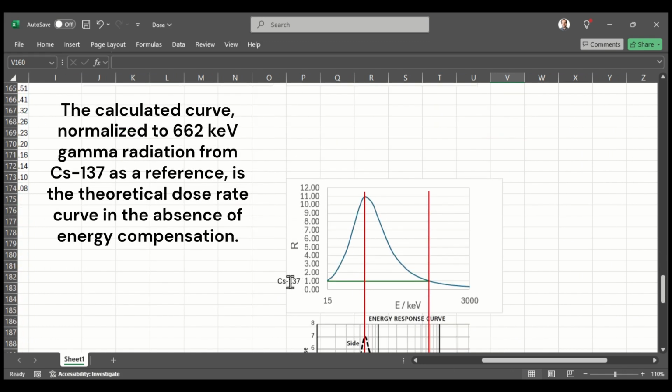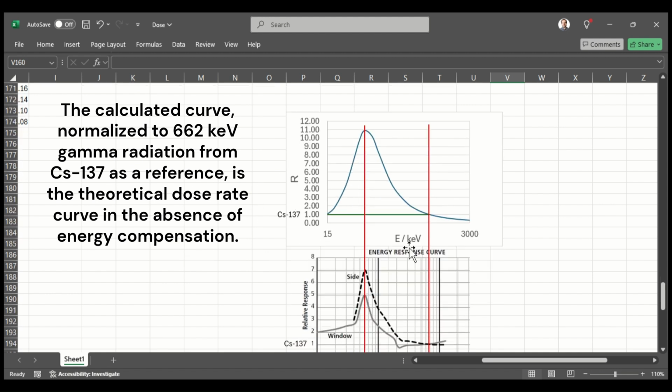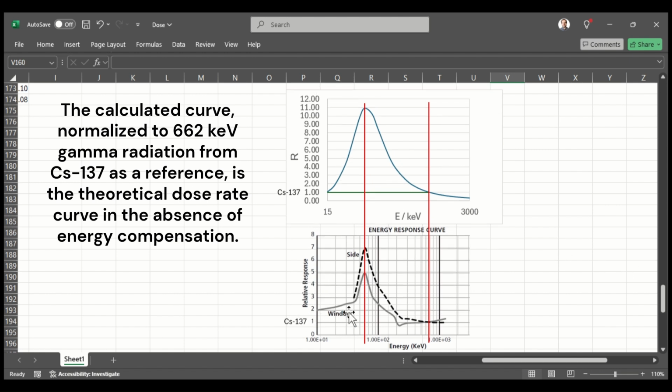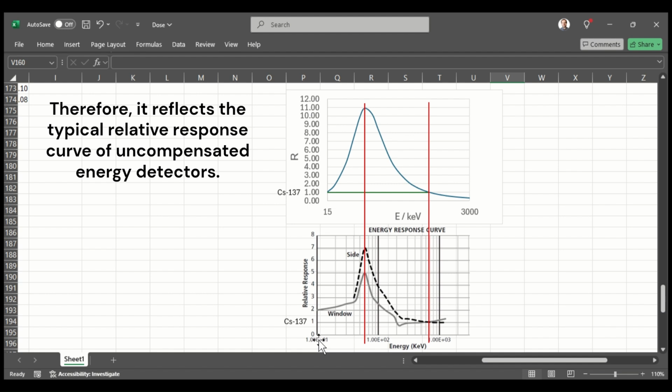The calculated curve, normalized to 662 kiloelectronvolts gamma radiation from cesium-137 as a reference, is the theoretical dose rate curve in the absence of energy compensation. Therefore, it reflects the typical relative response curve of uncompensated energy detectors.